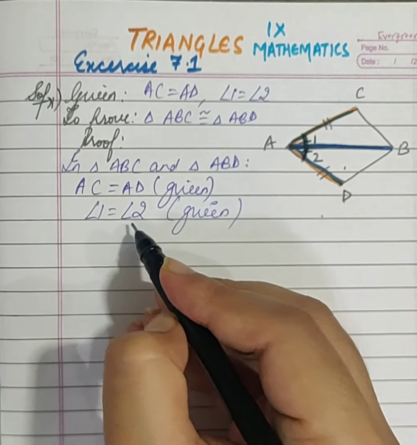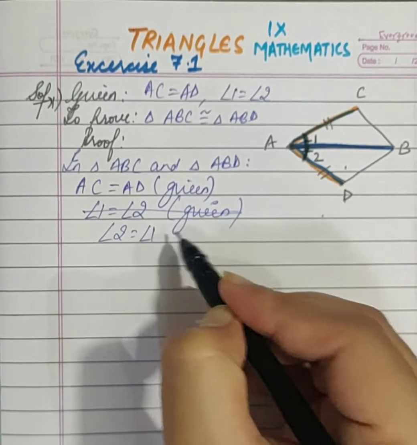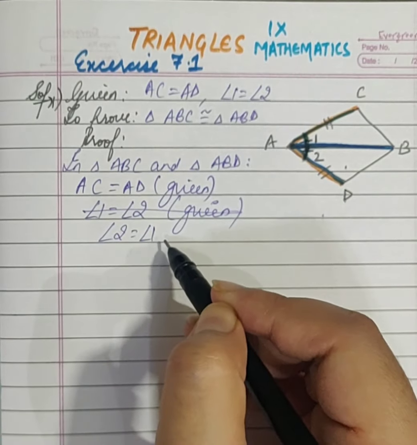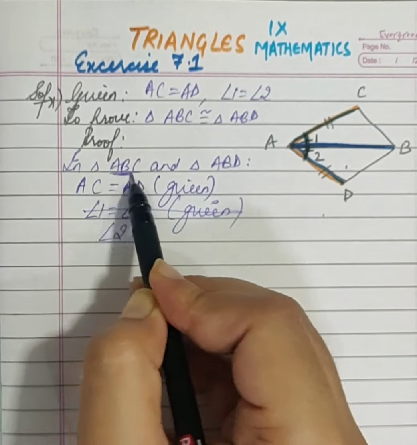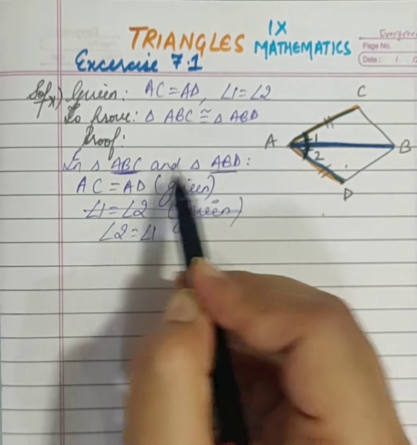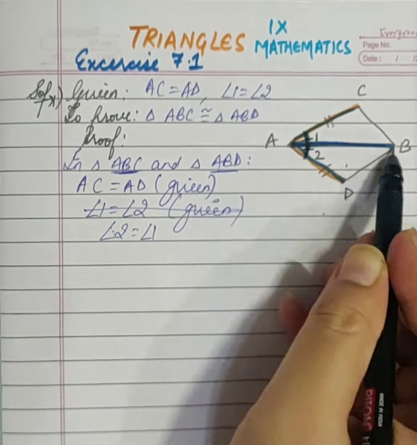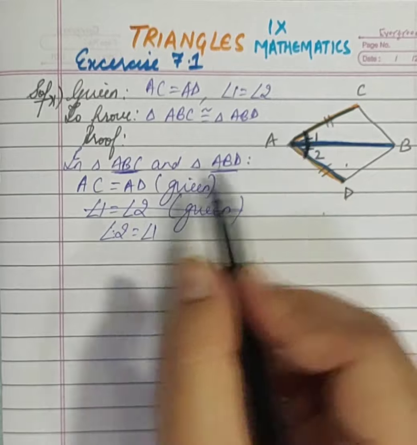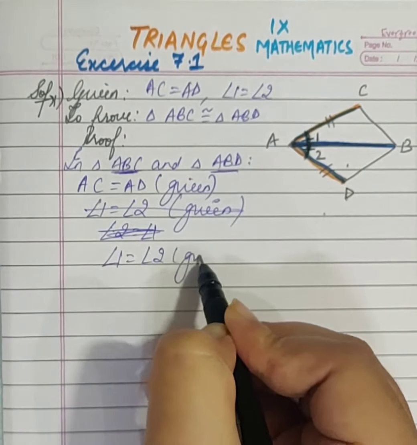If I would have written angle 2 is equal to angle 1, this is not the correct way of writing. Why? See, first I have taken triangle ABC, then ABD. So first condition should be of triangle ABC only. In triangle ABC, there is angle 1, not angle 2. So I'll be writing angle 1 is equal to angle 2.